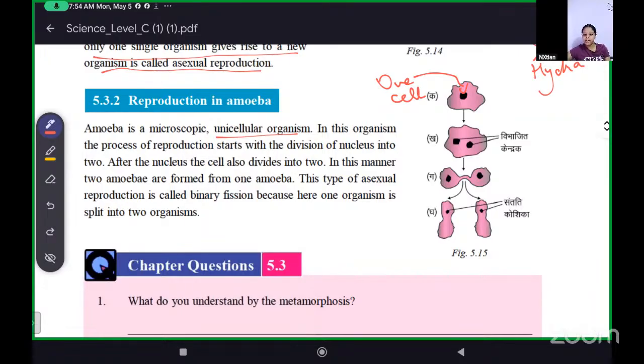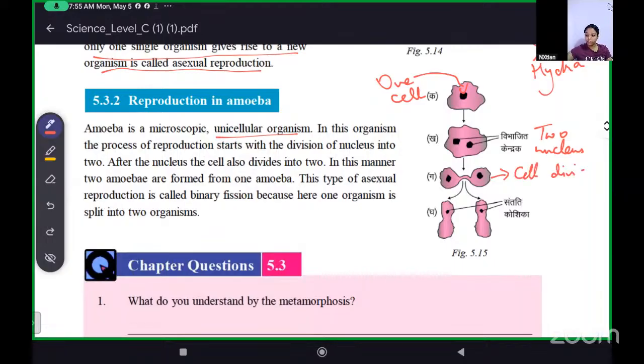It starts with division of its nucleus into two parts. The only one nucleus it has divides itself into two nuclei. Then the cell also divides into two. This is known as cell division.